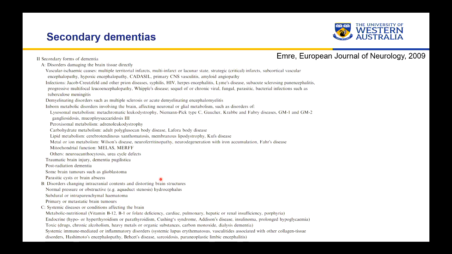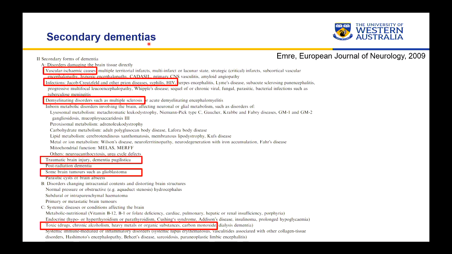And then secondary dementias, again, these can arise from many different sources. Some of these, like I mentioned, are stroke, demyelinating disorders like multiple sclerosis, traumatic brain injury, glioblastomas, and then even toxins or some specific drugs can lead to dementia as well.